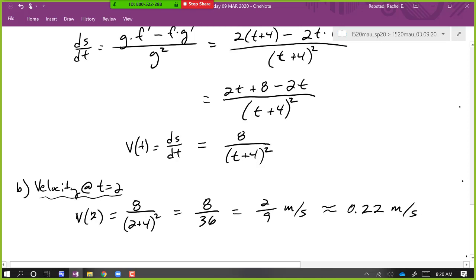Now, the last part asks us to do some analysis. It says, at what values of t does the object come to a stop?